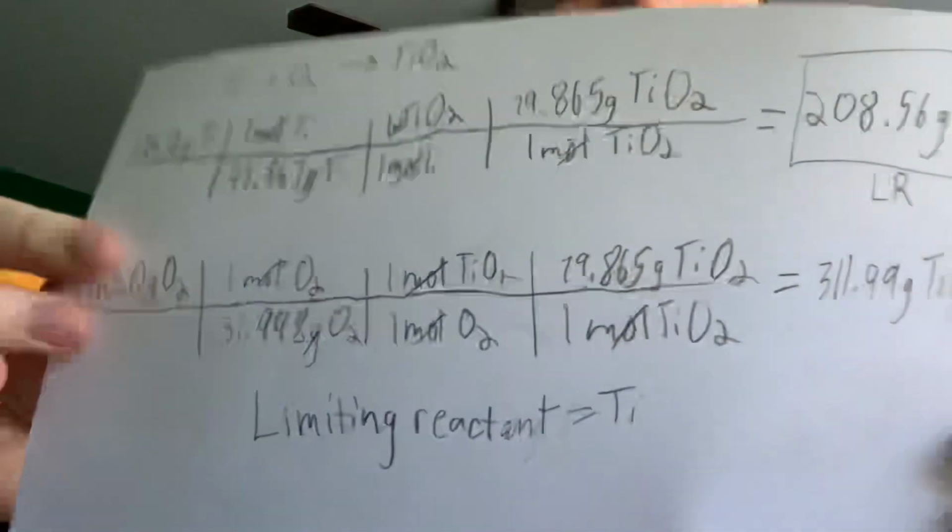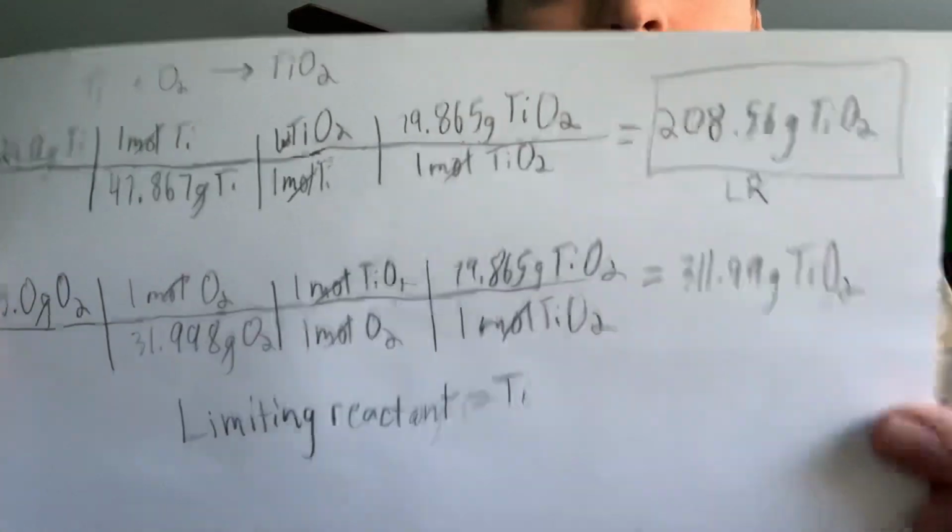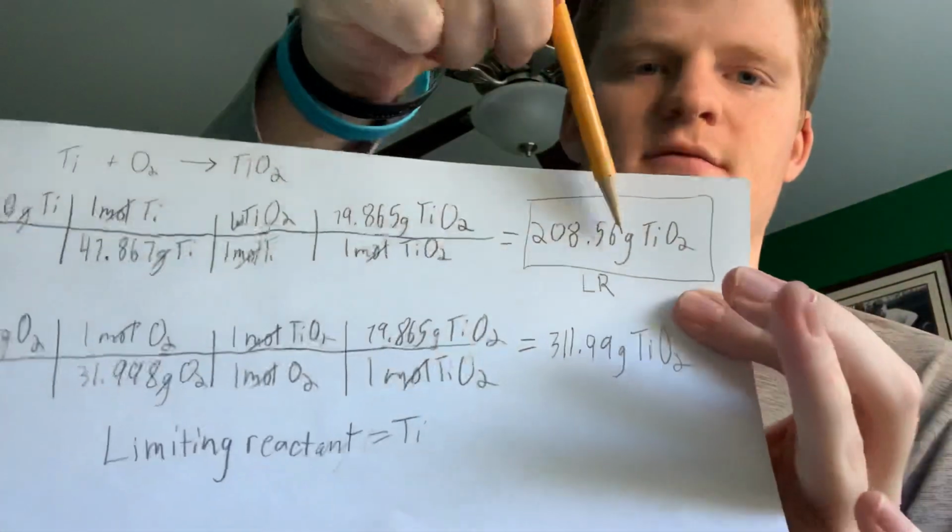So there you go, wrote that. And then, so how much titanium oxide can be made? It's just the amount that you made with your limiting reactant. So this amount is how much can be made.